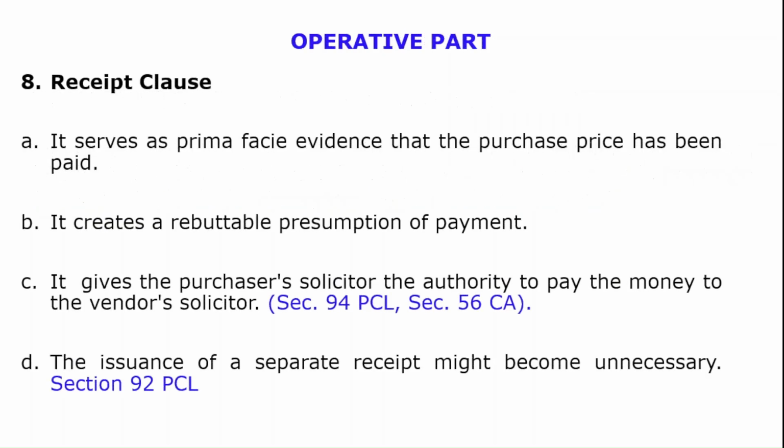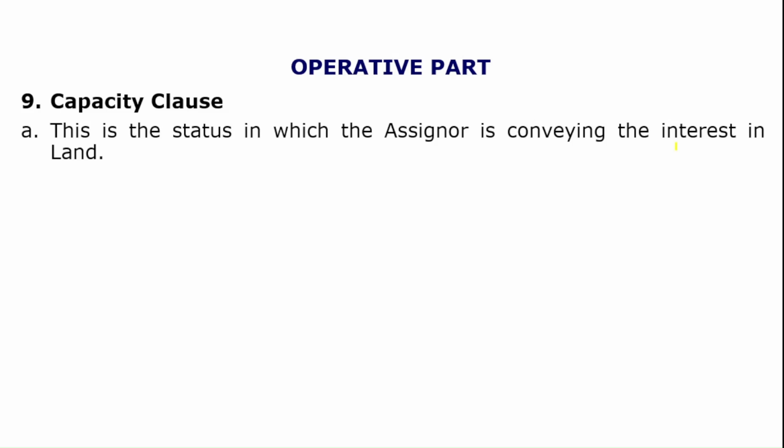The next clause that follows the receipt clause is what is known as the capacity clause. The capacity clause answers the question of the status in which the assignor is conveying interest in land to the assignee.